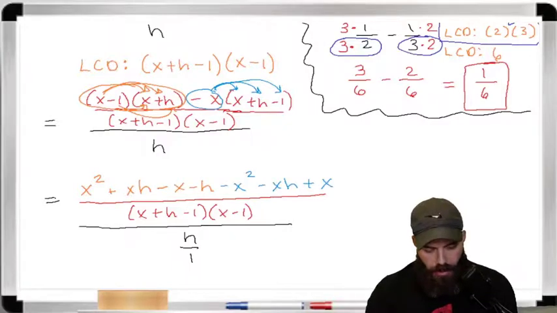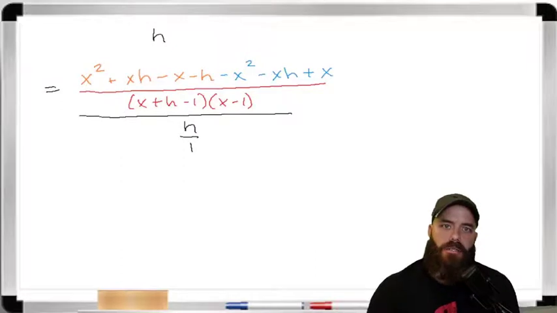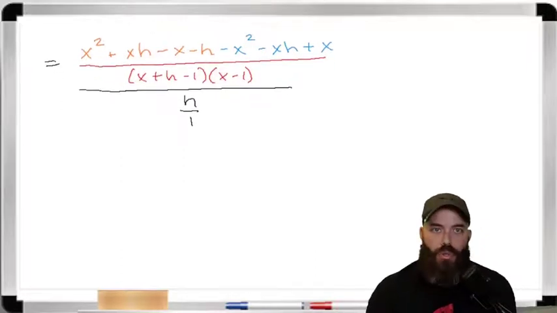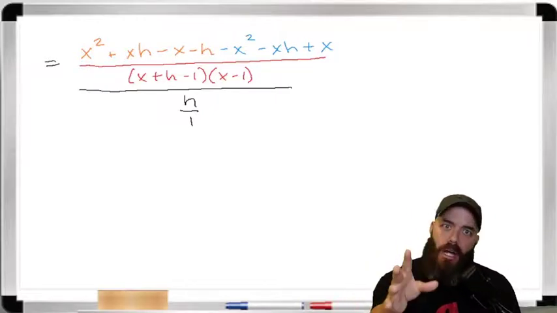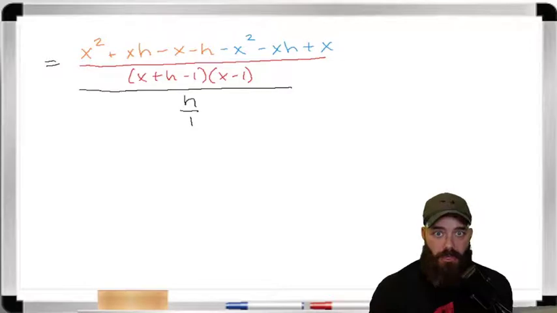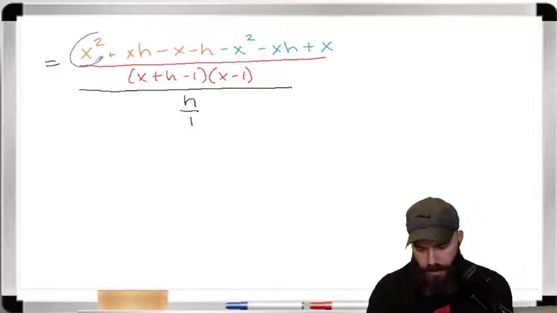Now, if you notice, there's a lot of common terms in the numerator of the numerator, right? In the orange and blue part. There are a lot of common terms that I could reduce. Well, let's circle some common terms here. I have x squared and negative x squared. Well, guess what?